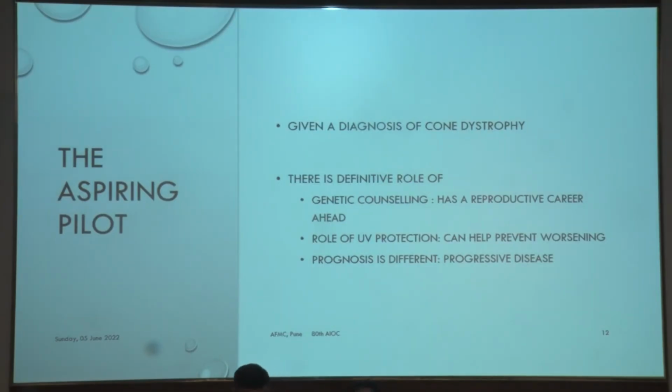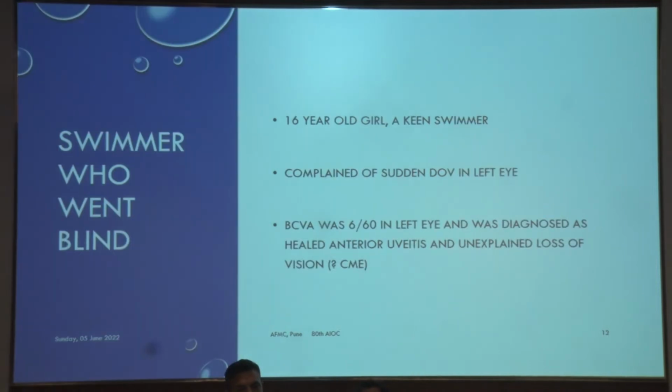Later on, she was counseled because in future she needs to bear kids and what is the prognosis for the children. And of course, she was counseled on preserving her sight using UV protection.